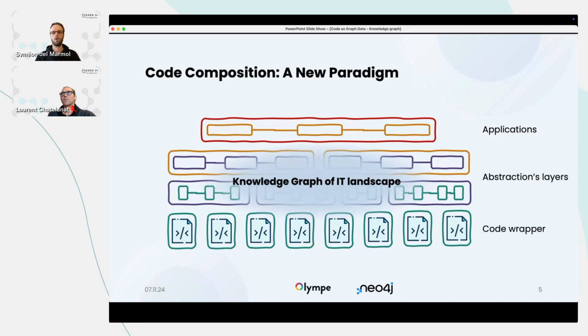Because you will know where that piece of code is used in your entire landscape. You will know that if you change a little bit the signature of one component, what impact it will have. And you will also be able to extract directly your architecture diagrams.